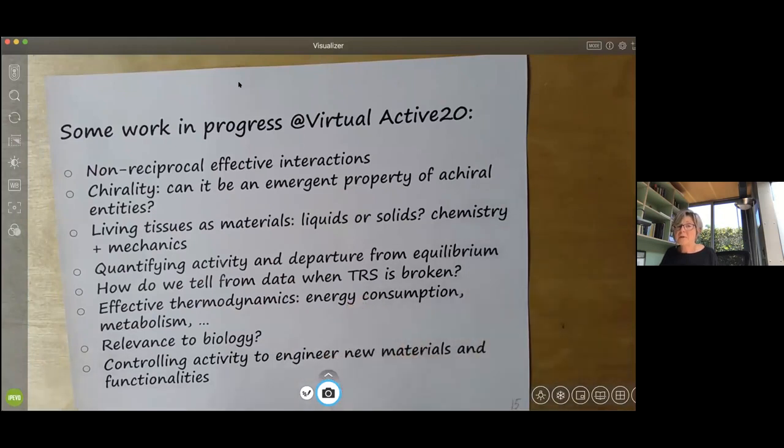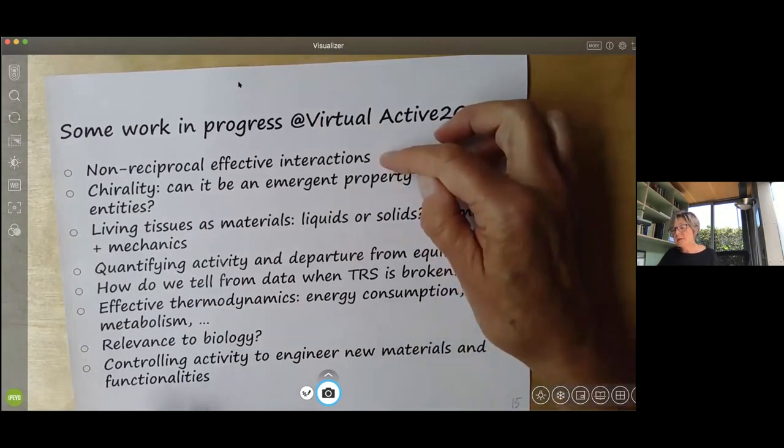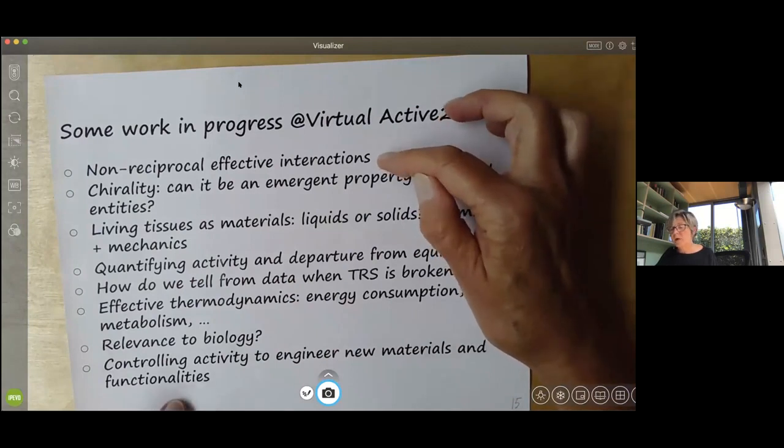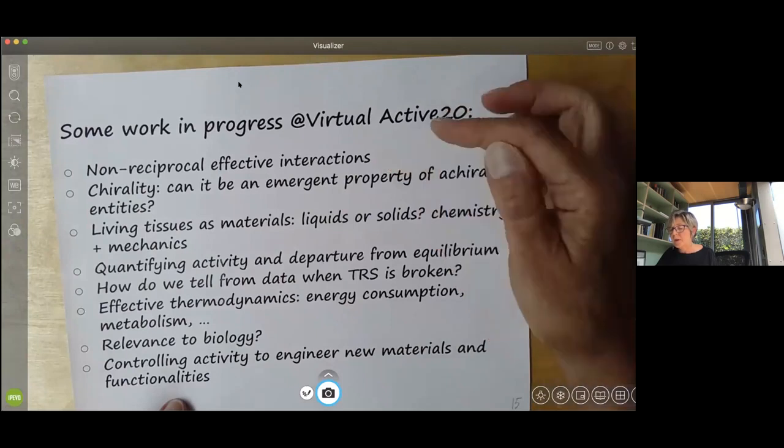This clearly happens all the time in living systems, but also in these active colloids, where the interactions are mediated by chemical reactions. If you have a mixture of two different types of active colloids, then the effective interaction described by the chemical interaction will be non-reciprocal. So understanding the statistical mechanics of these systems that have broken time reversal symmetry at the microscale and non-reciprocal interaction is something we are now actively working on.